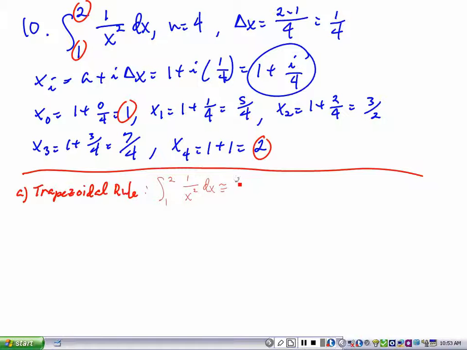So this is (2 minus 1) over (2 times 4), and then times f of x naught plus 2 times f of x of 1 plus 2 times f of x of 2 plus 2 times f of x of 3 plus f of x of 4.